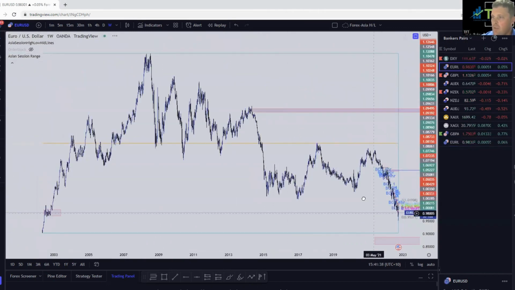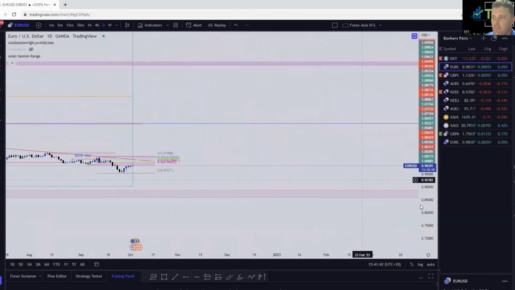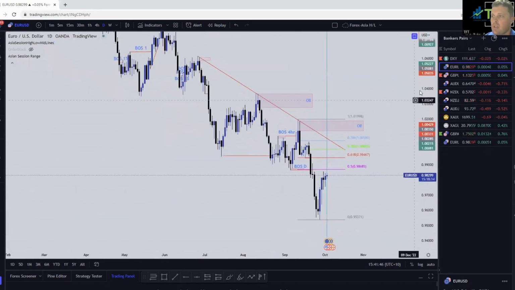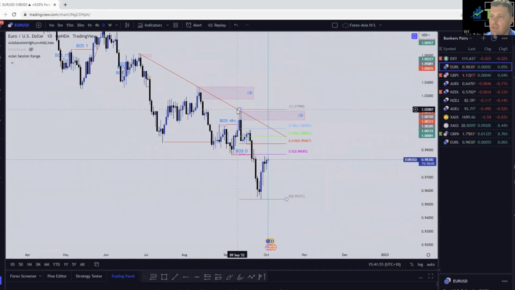Now moving over to the daily, and we can start to zoom in on our current pricing action. You can see here, we are very, very bearish. We're creating lower highs and lower lows all the way down here. Now you can see this last impulse that broke structure here.